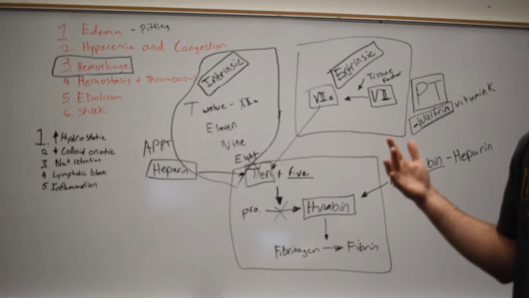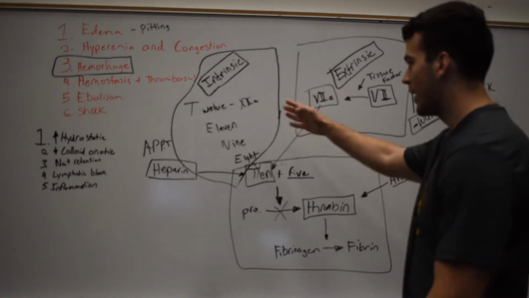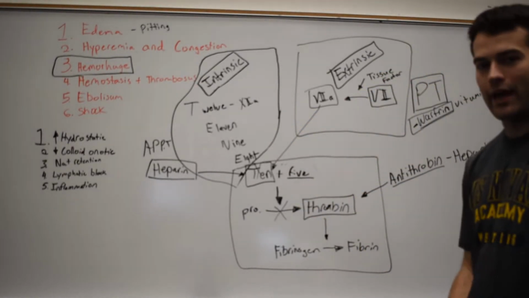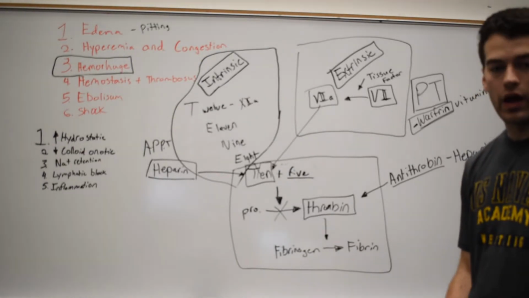And then since all those little clots are using up all of our different clotting cascade factors, we're not going to have enough to be able to form a clot when it's appropriate.